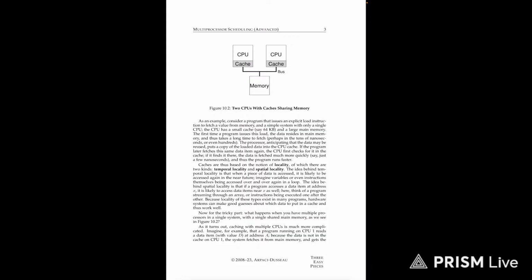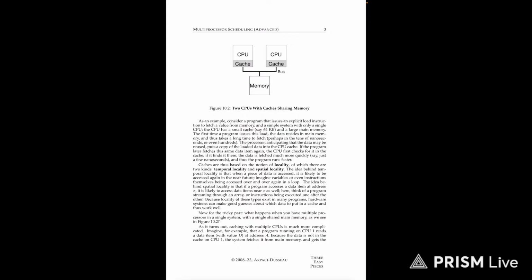The idea behind temporal locality is that when a piece of data is accessed, it is likely to be processed again in the near future. Let's say a variable we store currently will surely be accessed, or required, again in the near future, so we just store it.